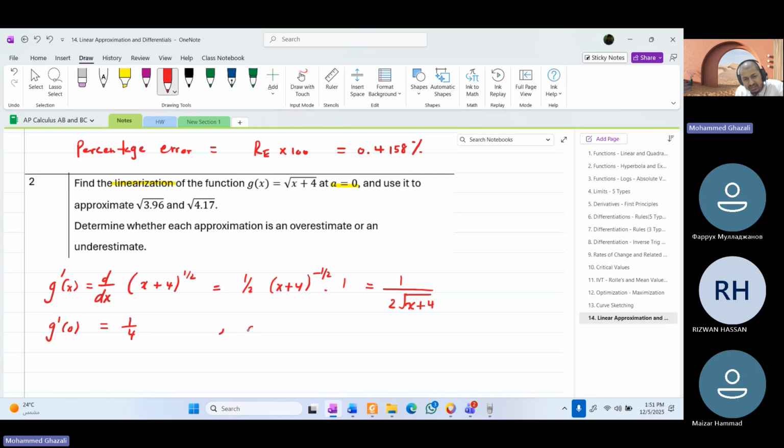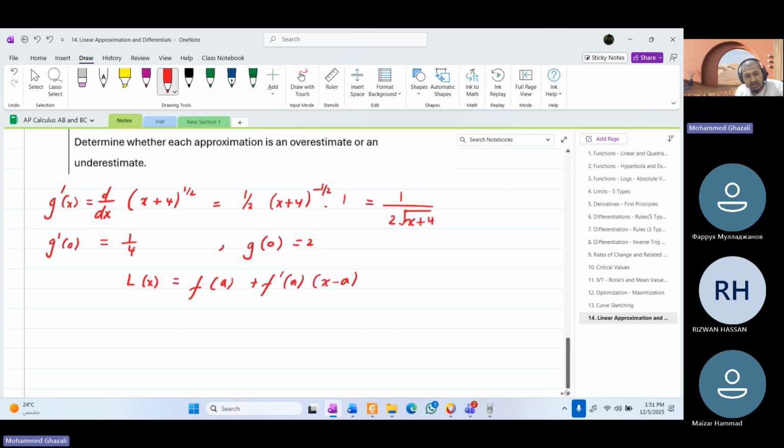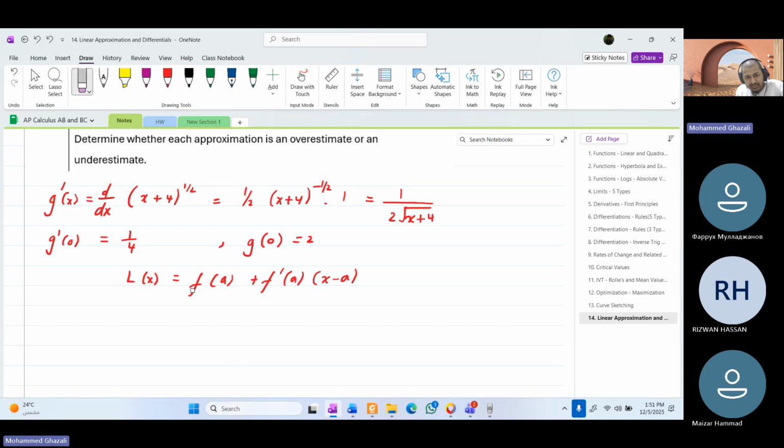Okay? And what is g of 0? We also need g of 0, which is just 2. What's my linearization function? It's f of a plus f prime of a times x minus a. Now, that's what it is, but now I need to change the function to g. It's not the f function, it's a g function. So what's g of a? g of a is g of 0. The a value is 0, right?